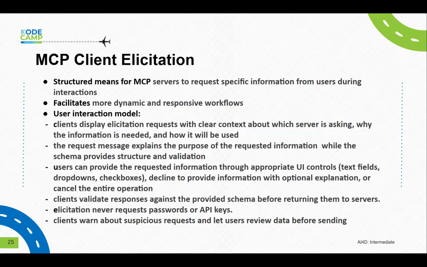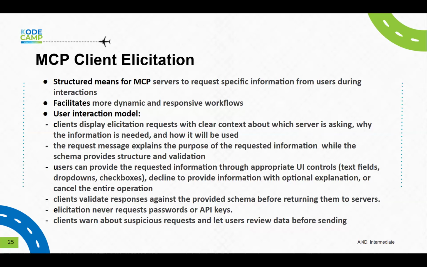The user wants something to be done through the host. That means that there's need to make use of an external resource that's available on the MCP server. External resource in this case can be a tool or a resource or a prompt.